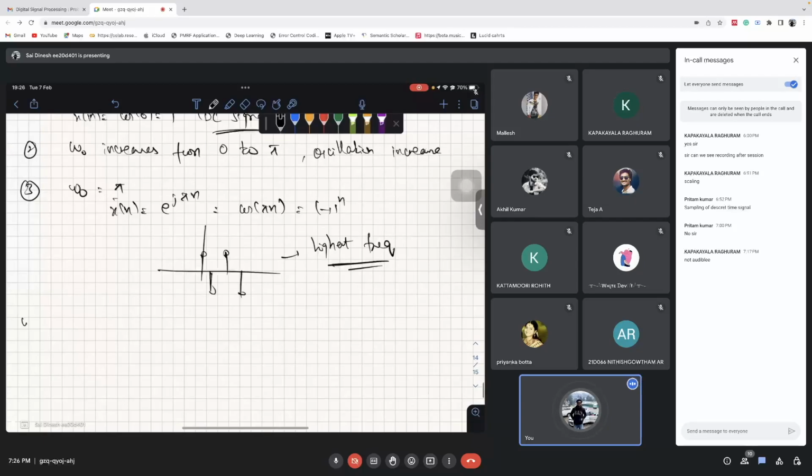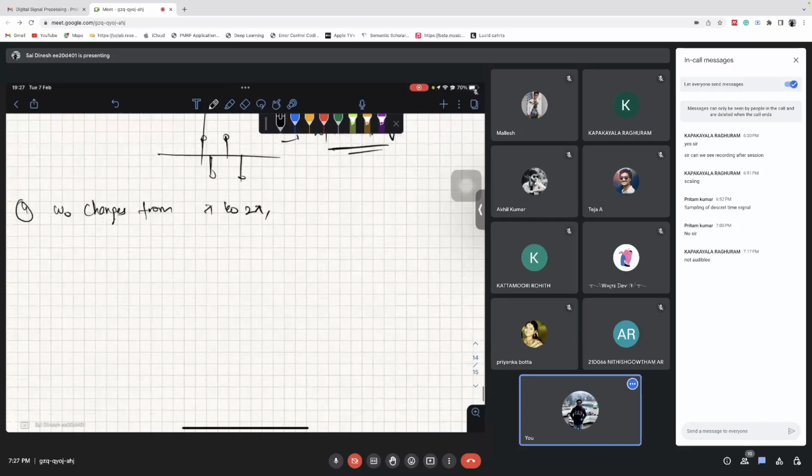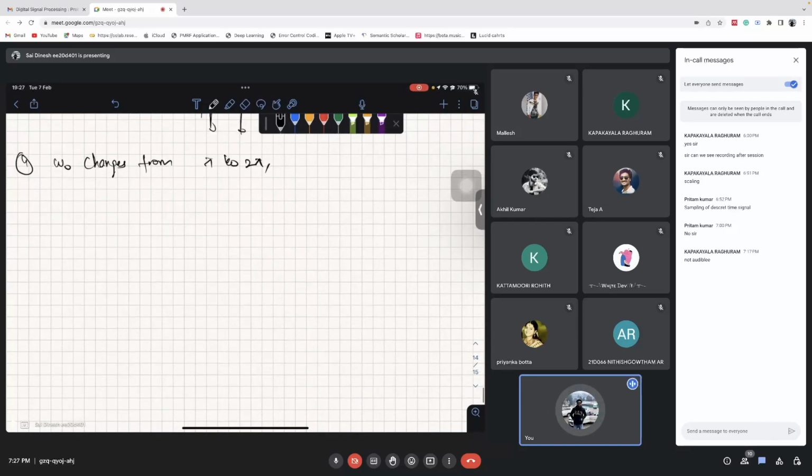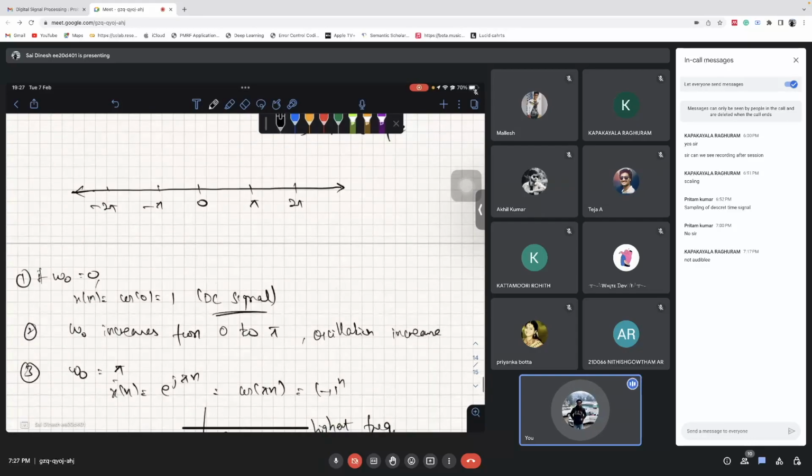But then if omega naught changes from pi to 2 pi, this is a beautiful case where oscillations decrease. Oscillations are slower, I mean they are decreasing again. In the continuous case, when we are increasing, they keep on increasing.